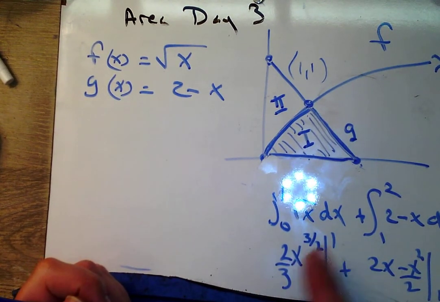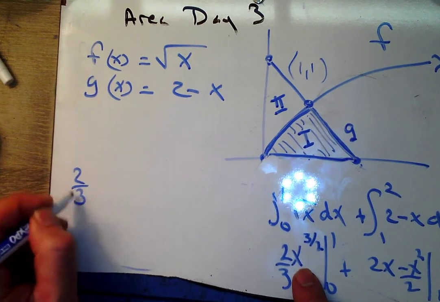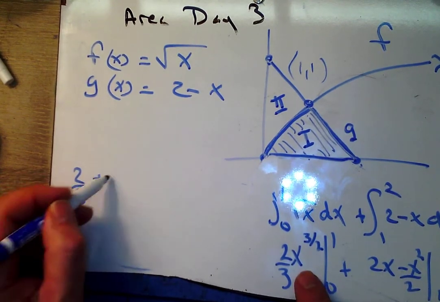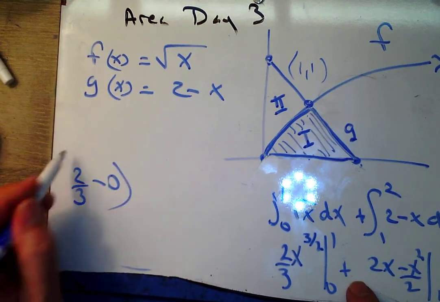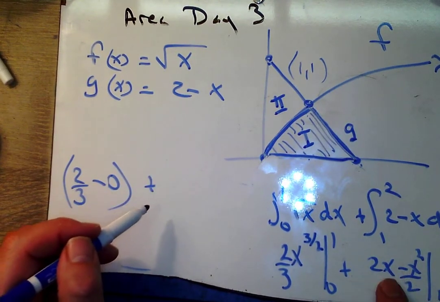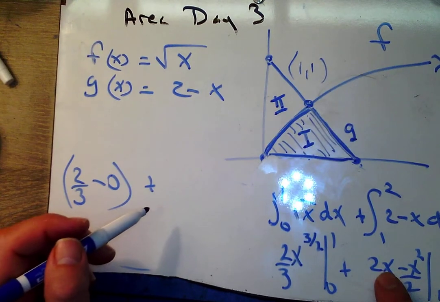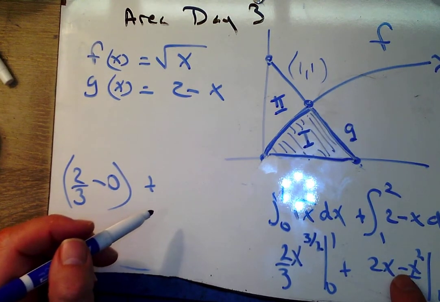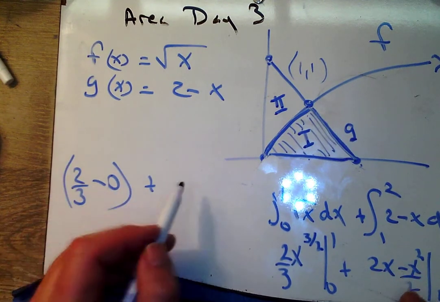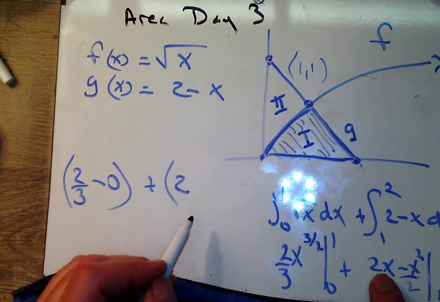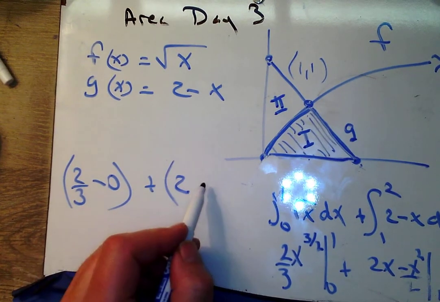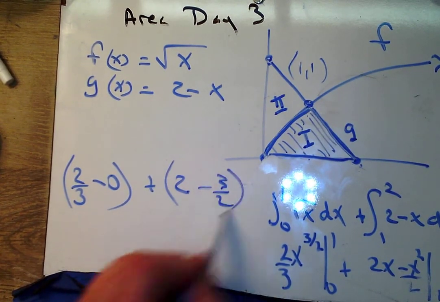So if I plug a 1 in there, I get 2/3. If I plug a 0 in there, I get 0. That's a minus. And now we're adding this other integral. If I plug a 2 in here, I'm going to have 4 minus 2 squared, which is 4, over 2 is 2. So 4 minus 2 is 2. And if I plug a 1 in here, that's going to be 2 minus 1 half, which is 3 halves.